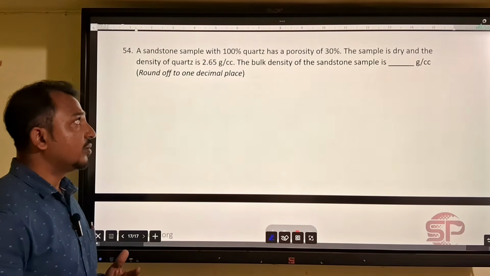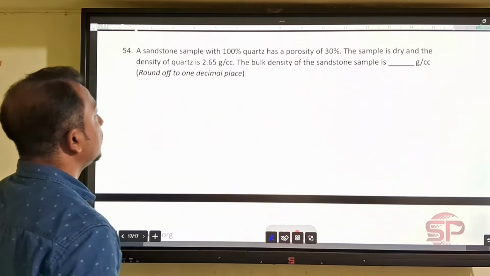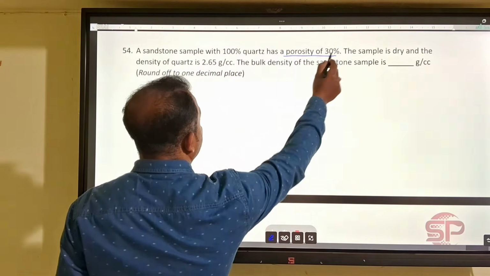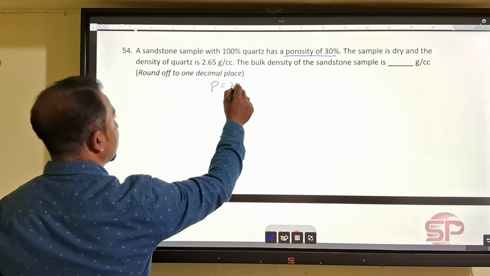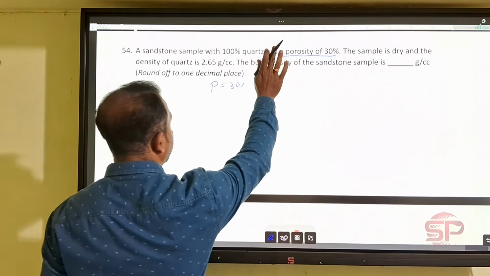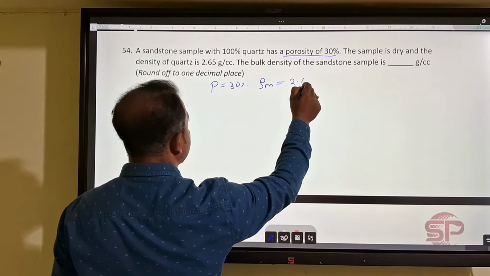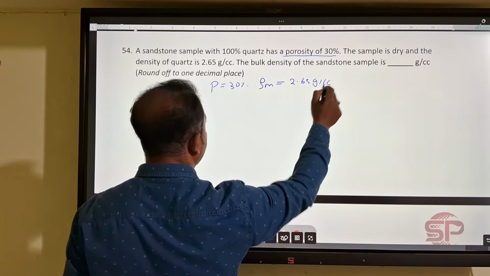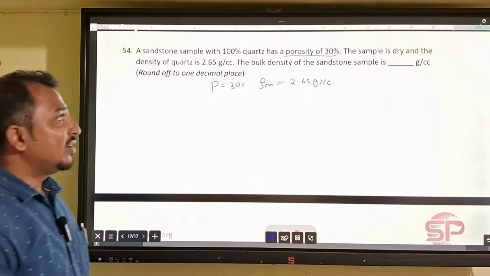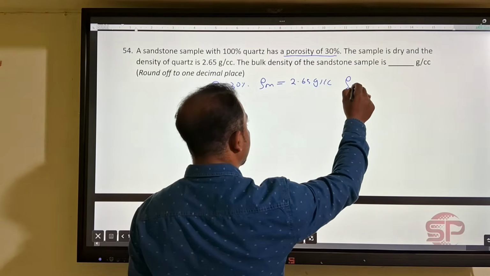It may be a highly matured sandstone. It has a porosity of 30%. Then the density of the quartz, that is the density of the mineral, is given as 2.65 gram per cc. We have to calculate the bulk density of the sample, that is, we have to calculate rho b.